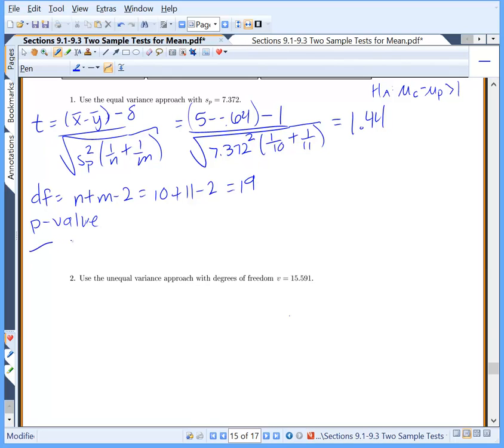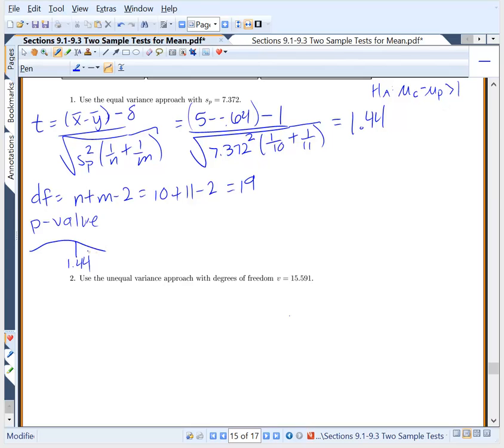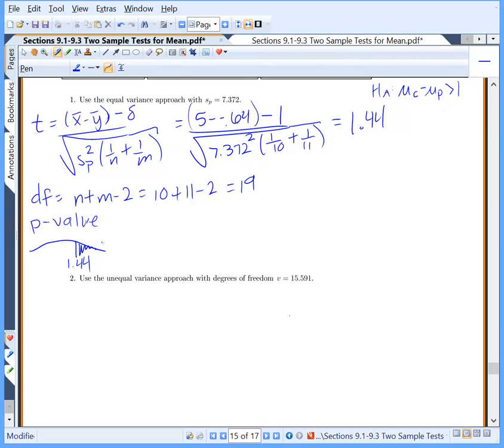So for my p-value, if I draw my picture, here's my 1.44. Because I have a greater than alternative hypothesis, I have to shade to the right. And if I look that up on my table, it is between 0.10 and 0.05, with the exact value of 0.0832, if you use a computer or calculator.